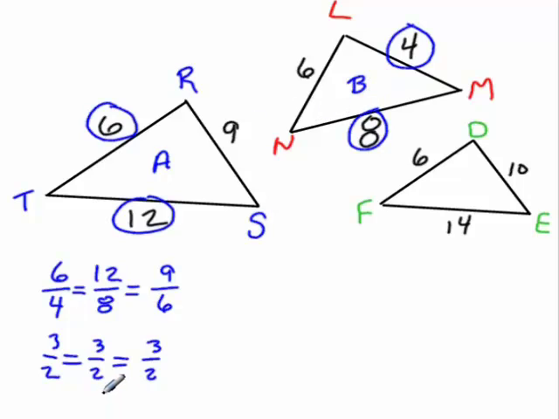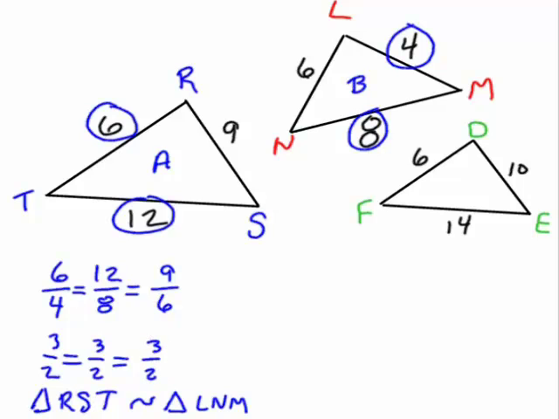If we were having to write a similarity statement, triangle RST is similar to triangle LMN, since RS corresponds to LN. We are not fortunate enough to go in alphabetical order in this case. And our scale factor would be 3 to 2.